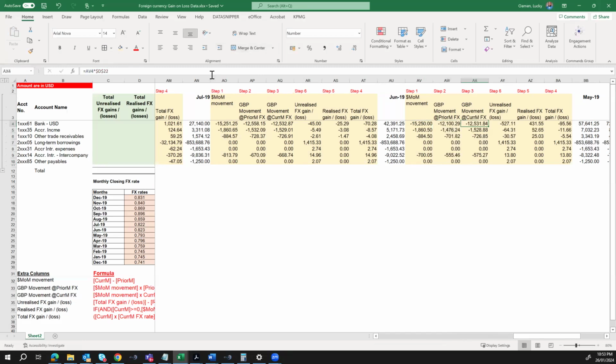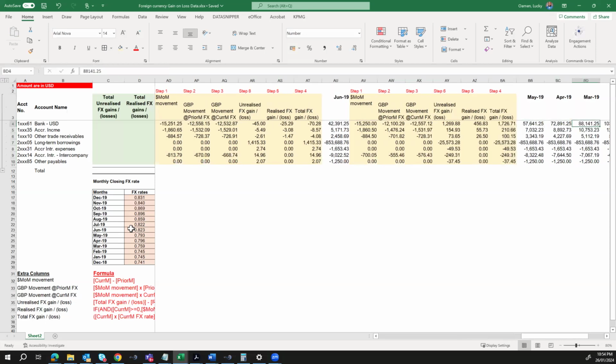Step 3 becomes June rates, drag down, and step 4 becomes May rates. June rate becomes May, and July becomes June rates respectively. Press the enter key, drag down.